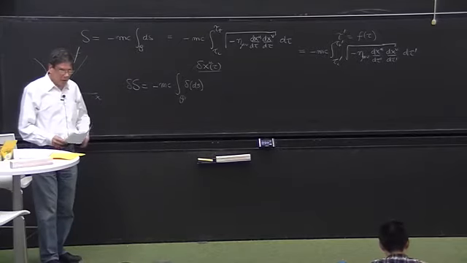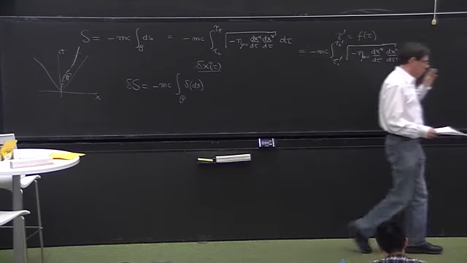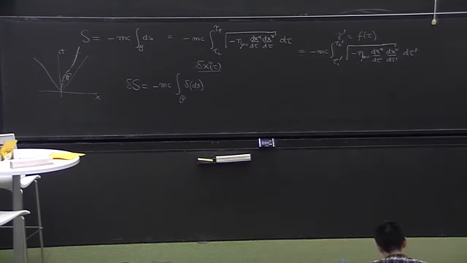And the reason I want to do it is because it's easy to go into pretty hard calculations here unless you're very careful. And I want to show you how to be careful about this.